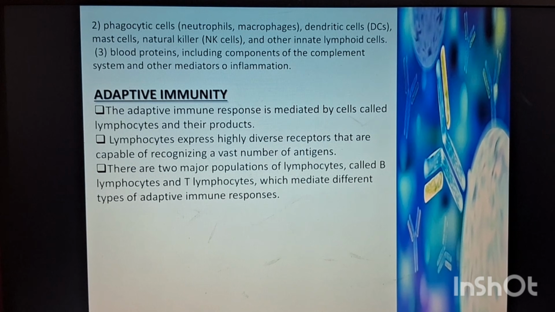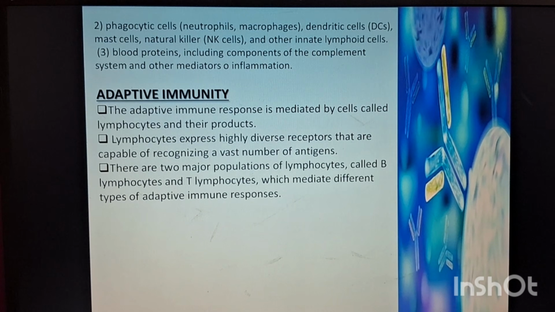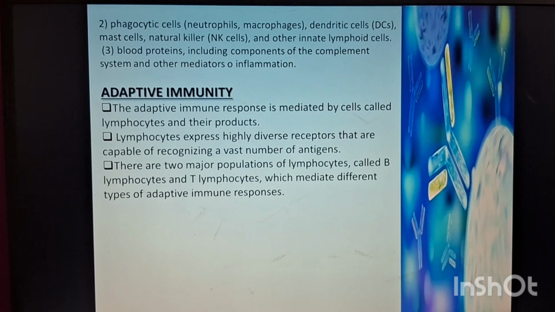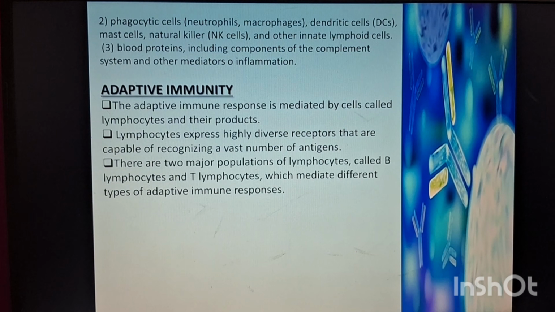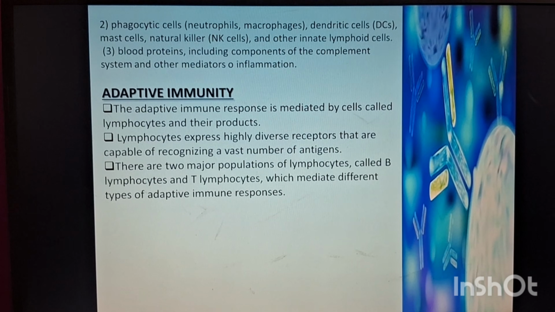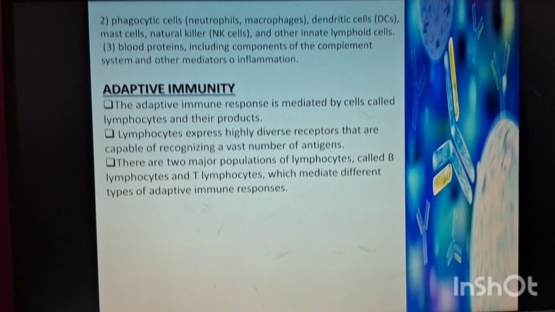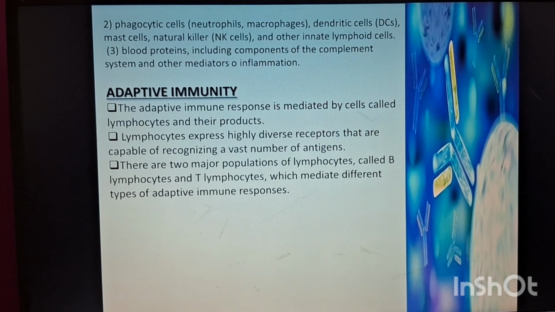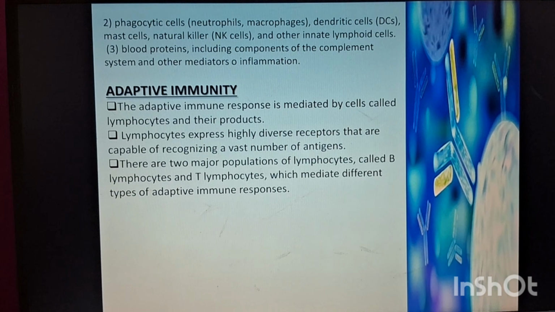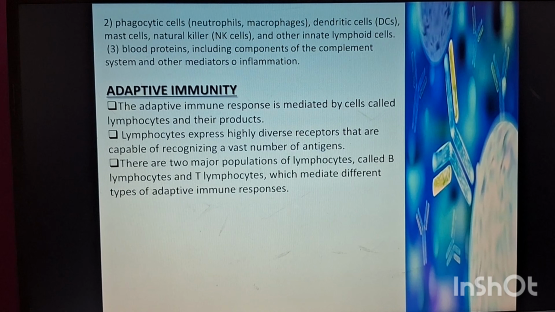It has two types, positive dendritic cells and negative dendritic cells. Mast cells, natural killer cells and other innate lymphoid cells, that is liver, bone marrow, etc. Blood proteins including components of the complement system and other mediators of inflammation.